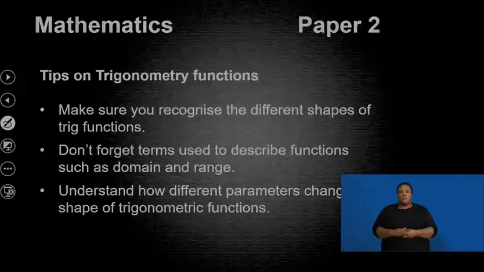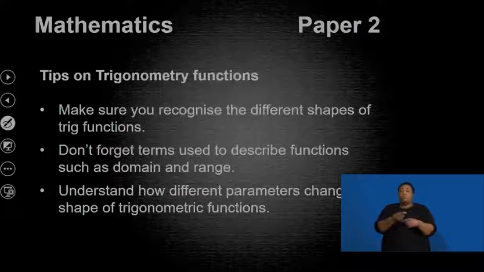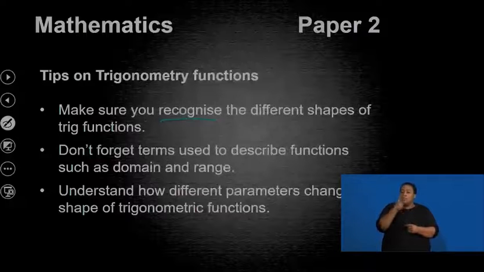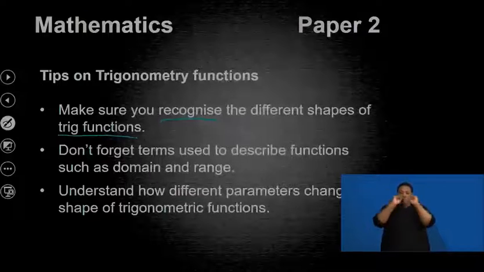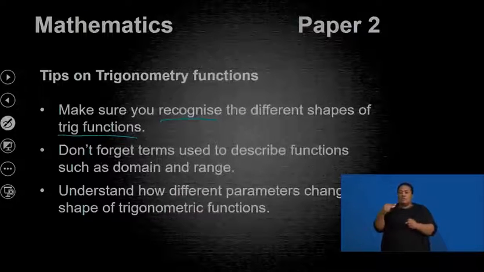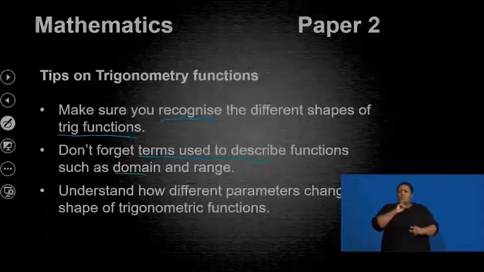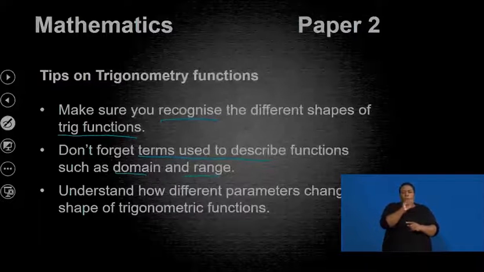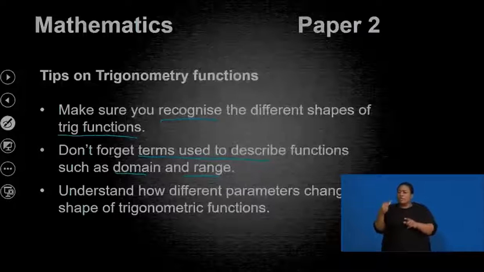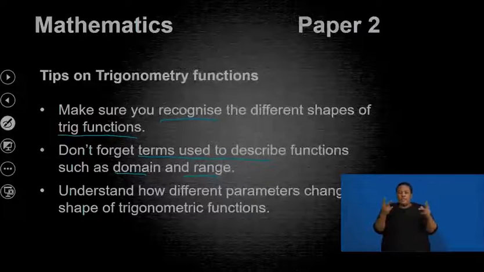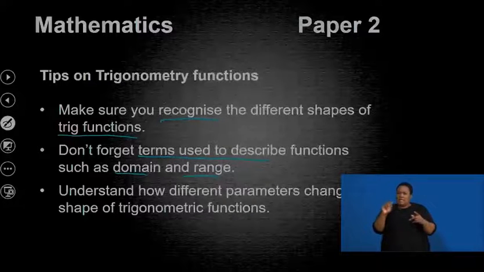So before we do that, you need to make sure that you recognize the different shapes of the trig function. Also, don't forget terms used to describe the functions, such as your domain and your range. And then lastly, understand how different parameters change the shape of a trigonometric function.